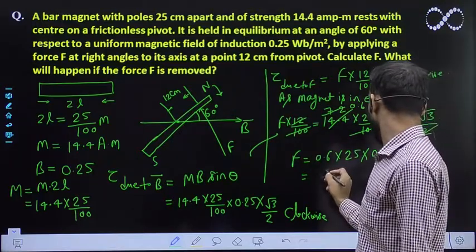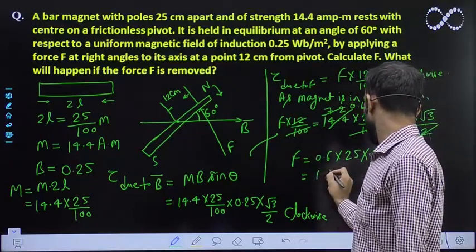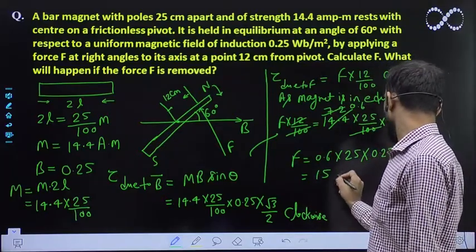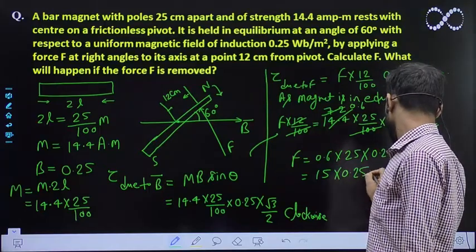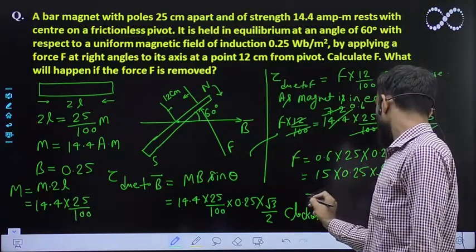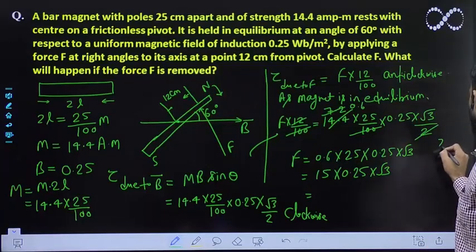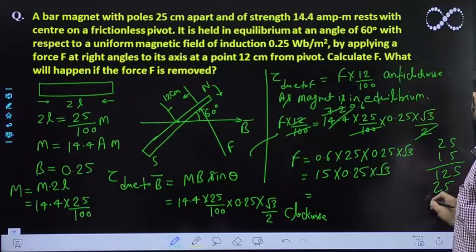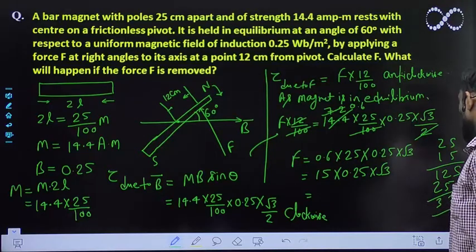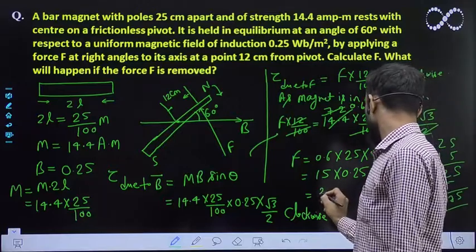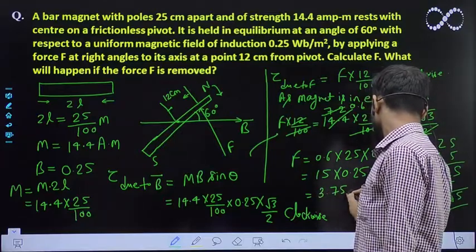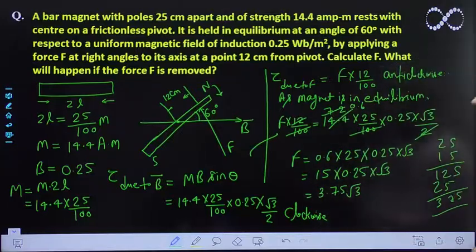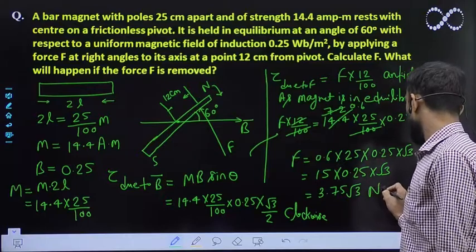This will become 15, and 15 into 0.25 into root 3 gives 3.75 root 3. This is the value of force you are getting, and since I have worked everything in SI units, this will be this much Newton.